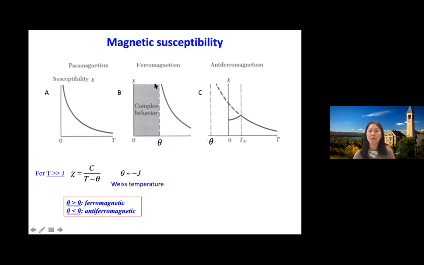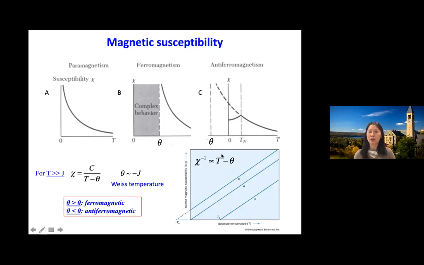If it's ferromagnetic, then it diverges at the Curie temperature, which is positive. And if it's antiferromagnetic, then the susceptibility, the high temperature susceptibility, you can extend it, and it should diverge at some negative constant. So it's easier to see when you do the fitting in 1 over susceptibility and just look at the intercept.